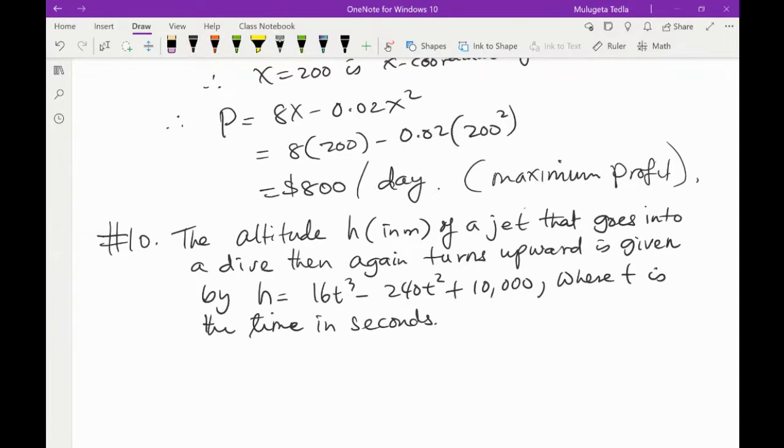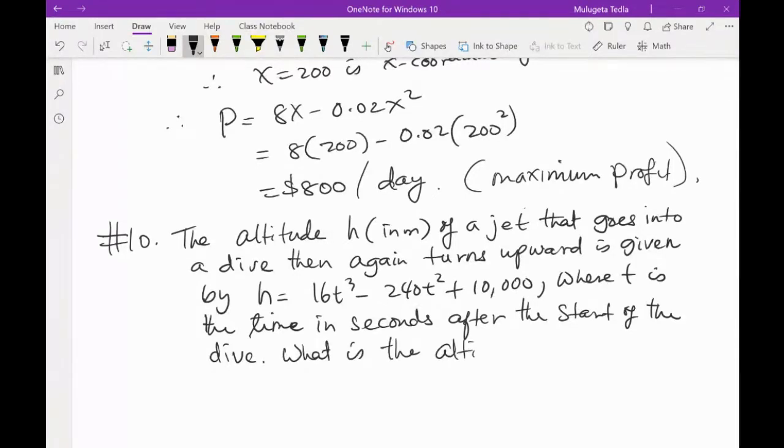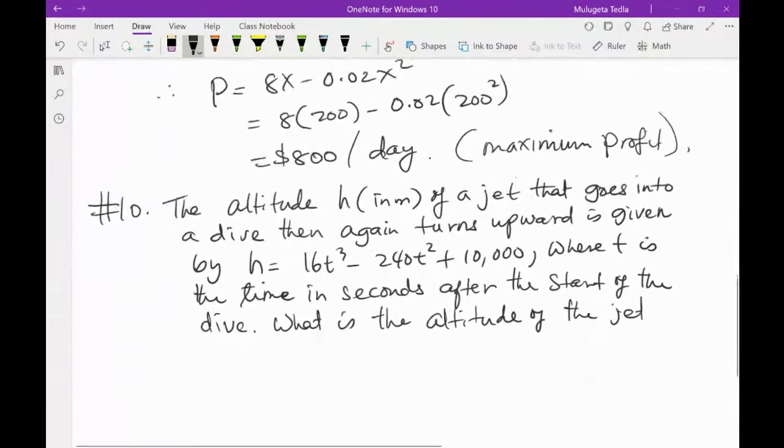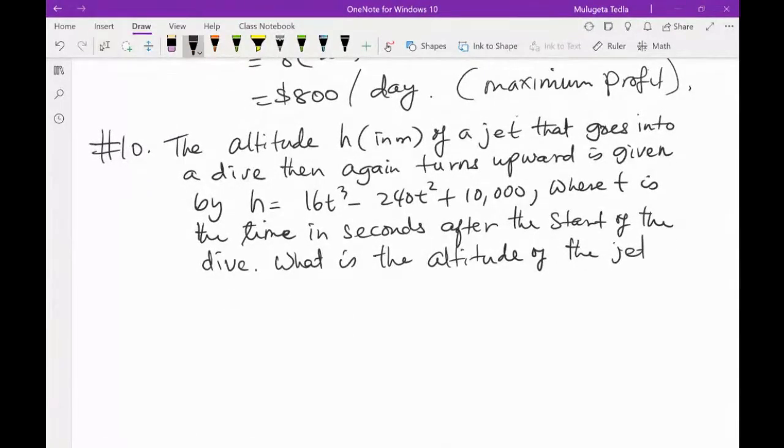They're very specific: after the start of the dive. So what is the altitude of the jet when it turns up out of the dive, right?